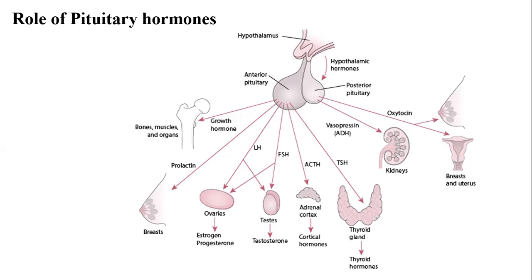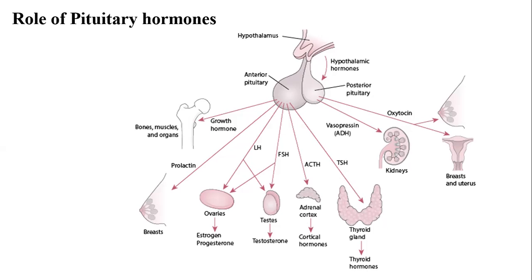Now, if we look at the neurohypophysis, it is made up of nervous tissue, and it causes a release, I repeat, release of 2 hormones. Remember, the 2 hormones which are shown in the diagram coming out of the neurohypophysis are not secreted by the neurohypophysis.